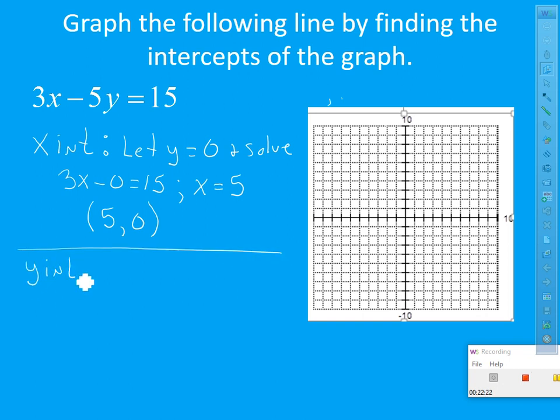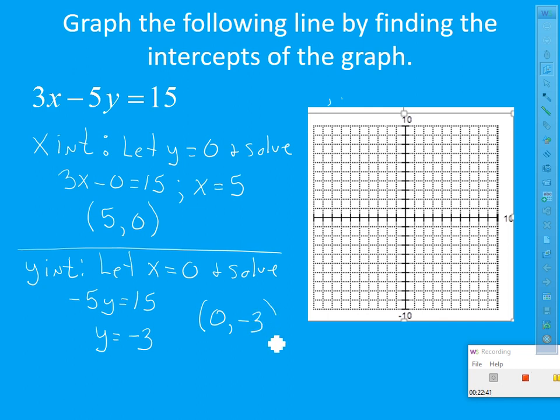To find my y-intercept then, let x be 0 and solve. Well, if I let x be 0, I'm going to wind up with negative 5y equals 15. Y is going to be negative 3. So I'm going to have the ordered pair 0, negative 3.